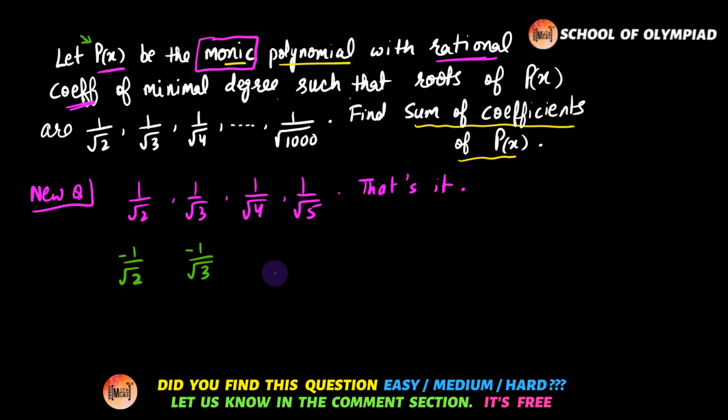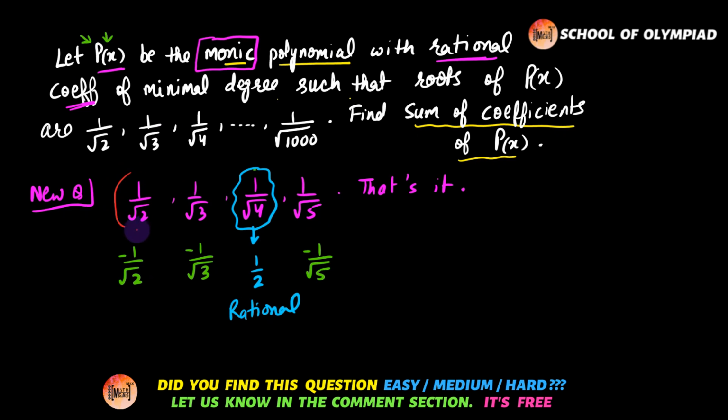But 1 divided by root 4 has no such obligation because this is nothing but 1 by 2, which is a rational quantity. And similarly, because 1 by root 5 is a root, minus 1 by root 5 should also be a root of P(x).